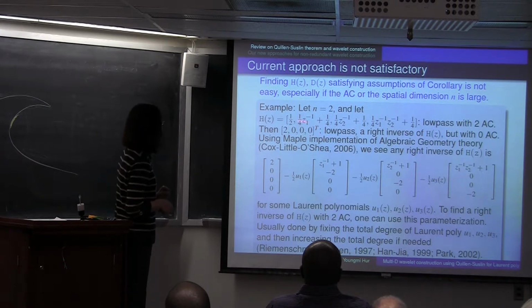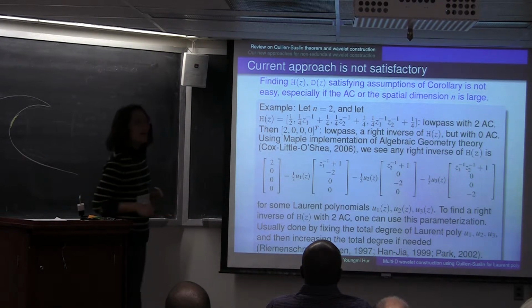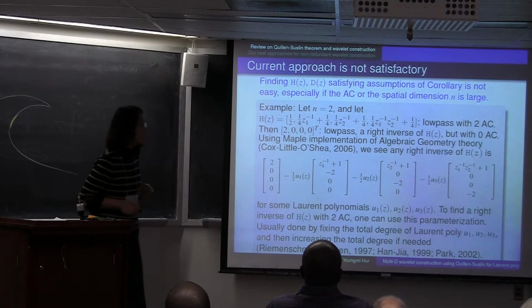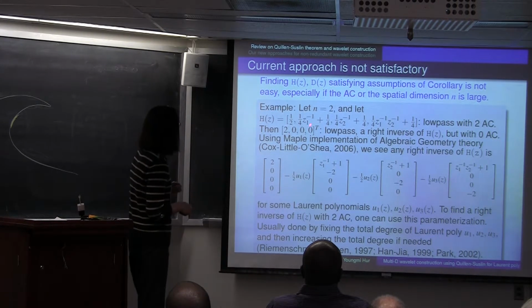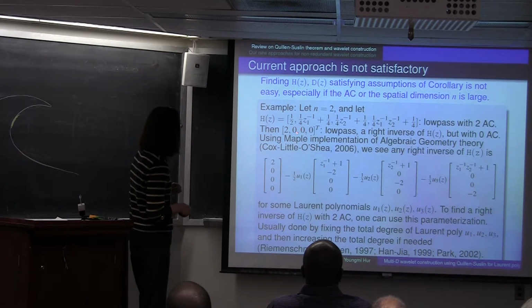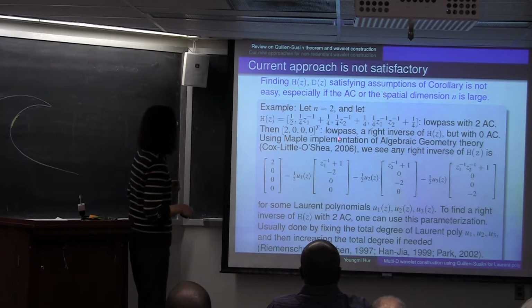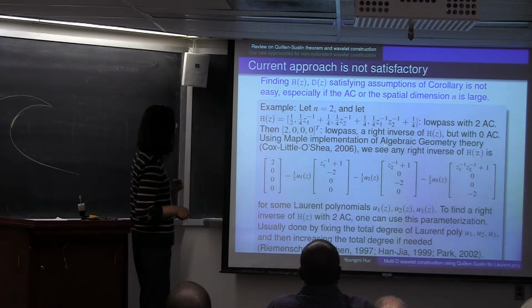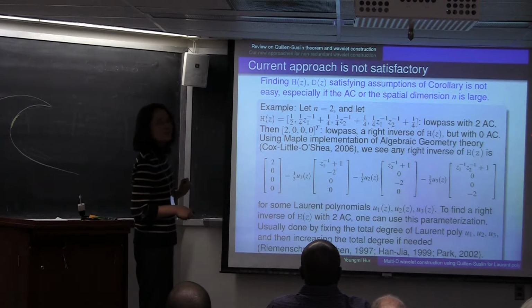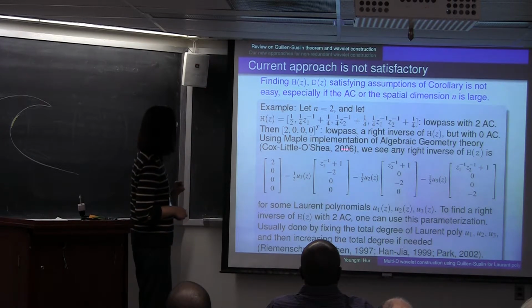But this piece of cake has only zero accuracy, which is not good for our purpose. So we want to make use of this to find the right inverse of h of z with two accuracy, let's say. Okay. Fortunately for us, algebraic geometry theory provides this.